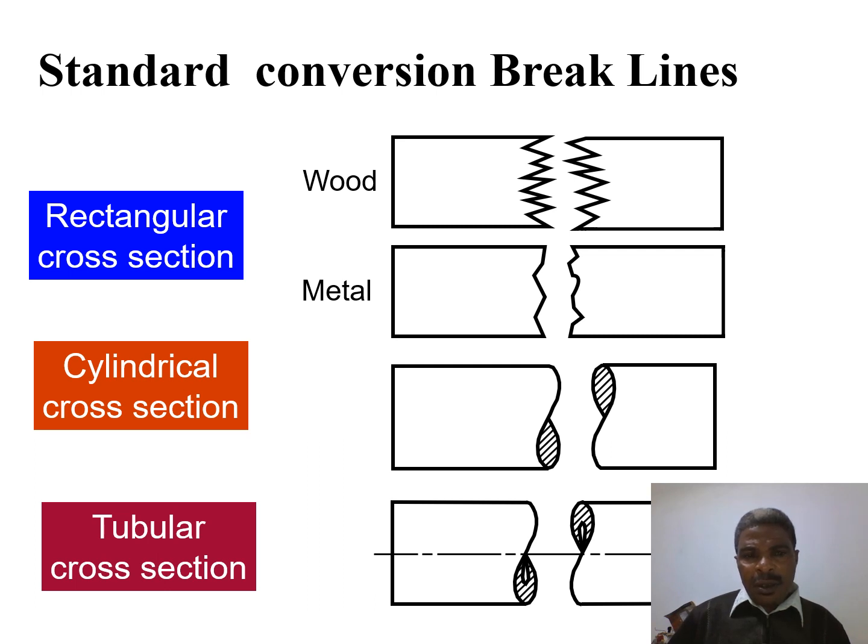And the cylindrical cross section, as we have said for the upper part, this is for solid one. For solid, we indicate it this way. Also for tubular, you will indicate it having some kind of elliptical hole inside, and the shade is outside on this.